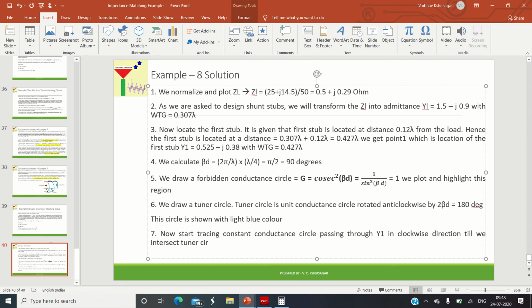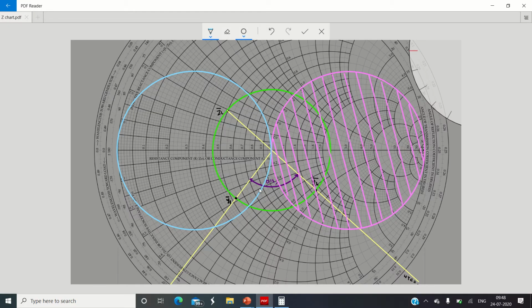First of all, let us draw this conductance circle which is passing through this y1 bar point. Then we will start tracing on that particular circle in a clockwise direction so that it will cut the tuner circle, this blue circle, at two different points, and then we need to locate these 2 points.